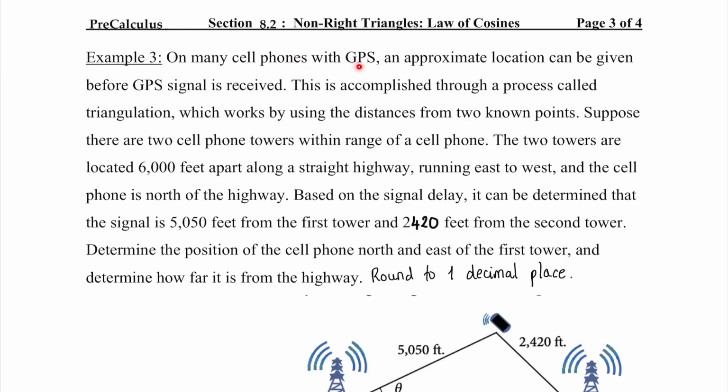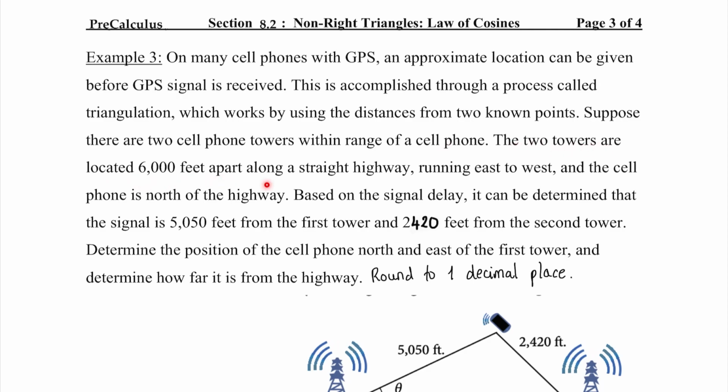Example 3. On many cell phones with GPS, an approximate location can be given before GPS signal is received. This is accomplished through a process called triangulation, which works by using the distances from two known points. Suppose there are two cell phone towers within range of a cell phone.